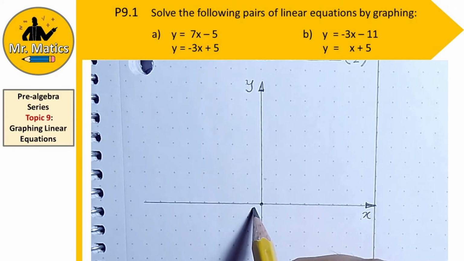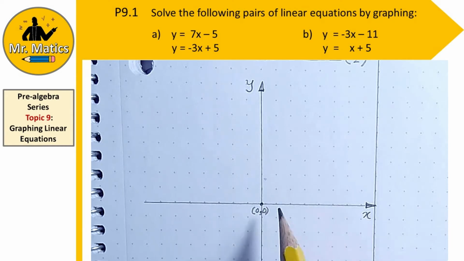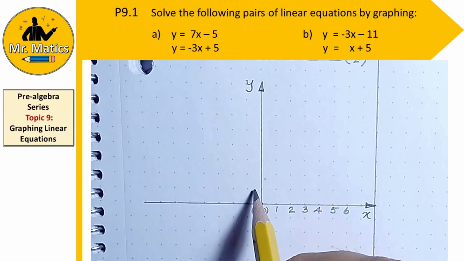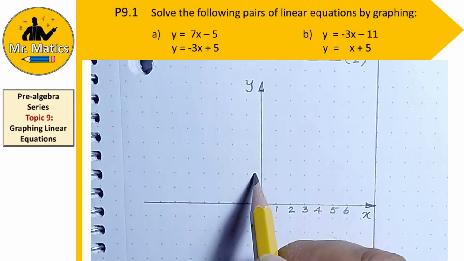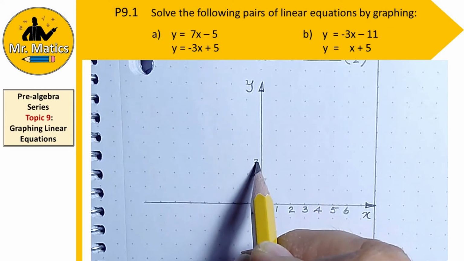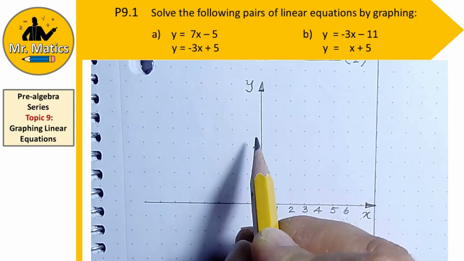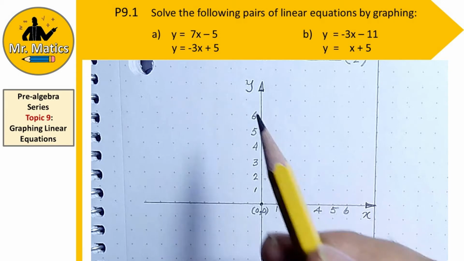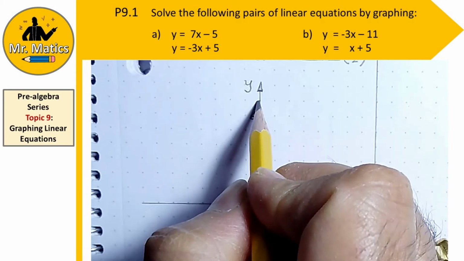This is 0, 0, then 1, 2, 3, 4, 5, 6, and so forth. And in the y direction, I'll have 1, 2, 3, 4, 5, 6, and so forth. I think I can fit 7 as well.